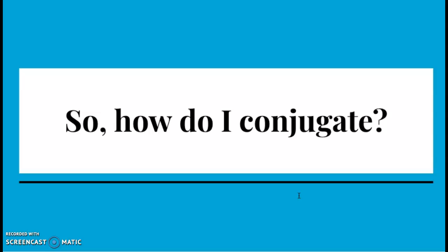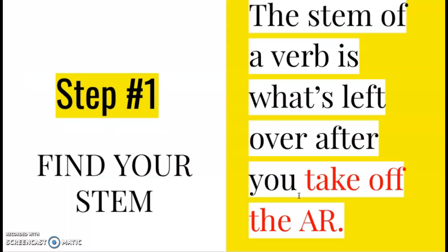So how do I conjugate? Well, there's certain steps that you can do. Step one, figure out what your stem is. And you're like, what? Stem? Are we talking about trees or plants here? No, it's just what we call what's left over when you take off the AR. So that's the one thing that all these verbs have in common, they end in AR, which is why we call them AR verbs.